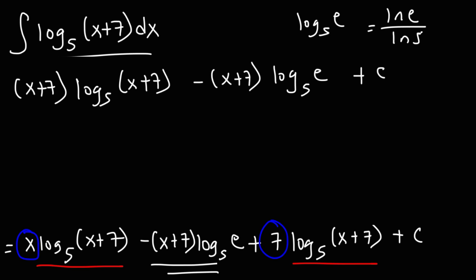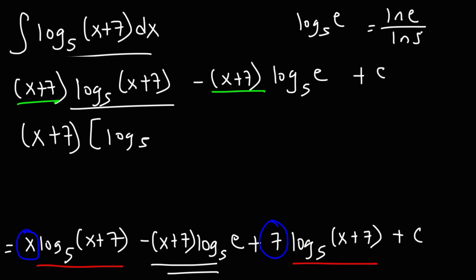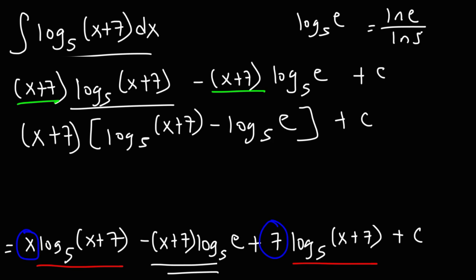So now the next thing we're going to do is factor out x plus 7. And so we're going to have log base 5 of (x plus 7) minus log base 5 of e, and then plus c. Now we could notice that we're subtracting two logs.